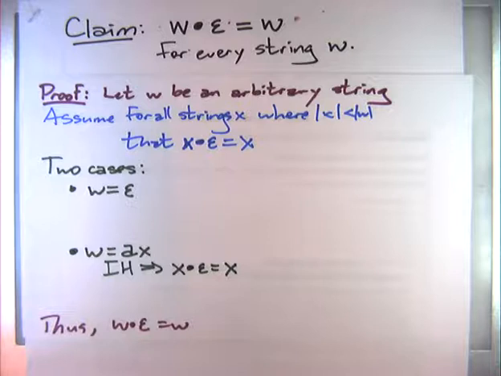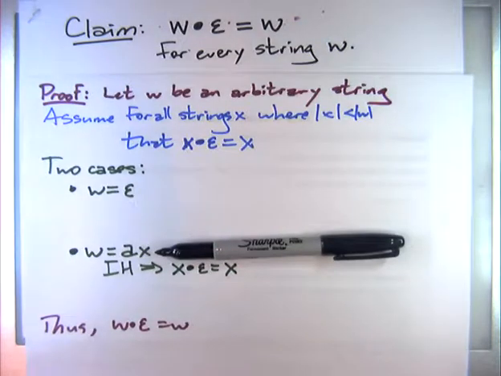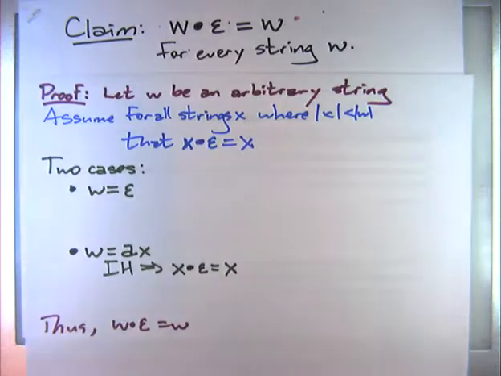Let's think about case 1, what I need to prove in this block. I want to prove that W dot epsilon is equal to W, and in this particular case, W is epsilon, so I need to prove that epsilon dot epsilon is equal to epsilon. Can somebody give me the one-line proof?